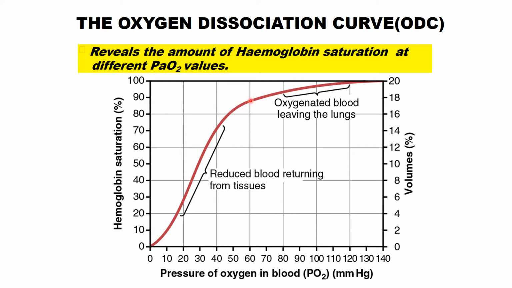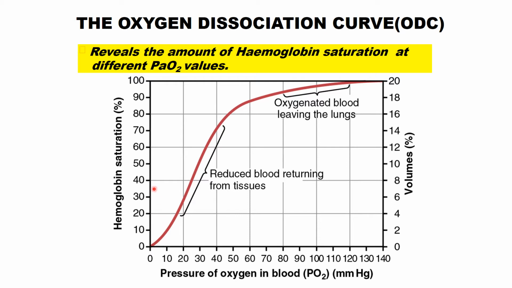So this value is important at 60 millimeters of mercury because it is dividing the oxygen hemoglobin dissociation curve into 2 zones. A zone which is lying from 60 to 100 millimeters is the loading zone or the flat part of the curve, and the zone which is lying below 60 millimeters of mercury is a steep zone, and it is representing the unloading zone, and it is delivering the oxygen to the tissues.